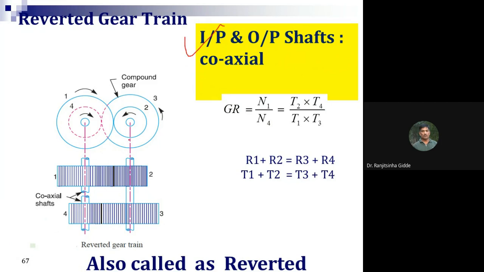Again, how to get the speed ratio or the gear ratio for this combination? Gear number 1 is in mesh with gear number 2. We are going to write N1 upon N2 is equal to T2 upon T1. Then gear 3 is in mesh with gear number 4.